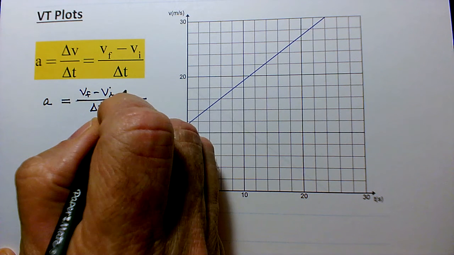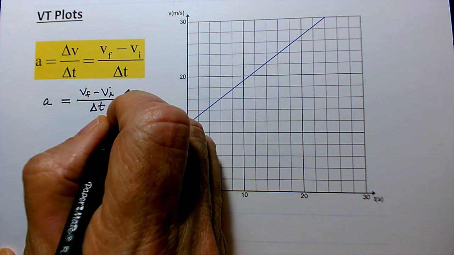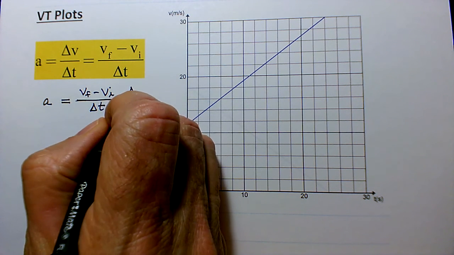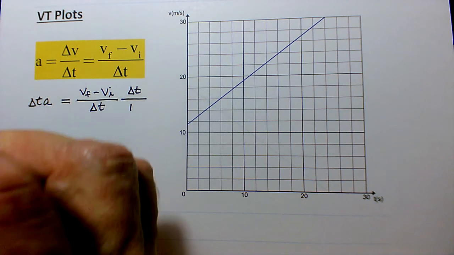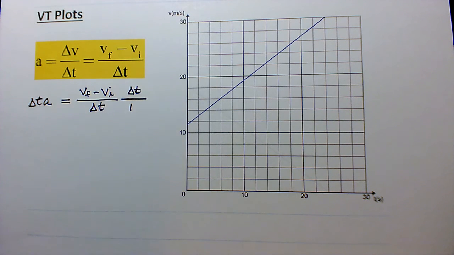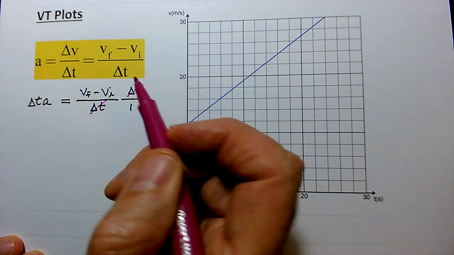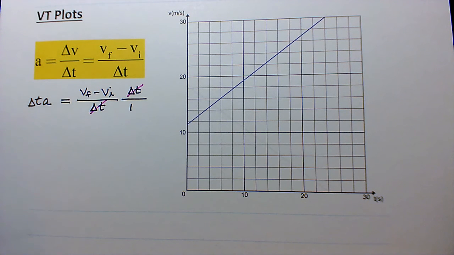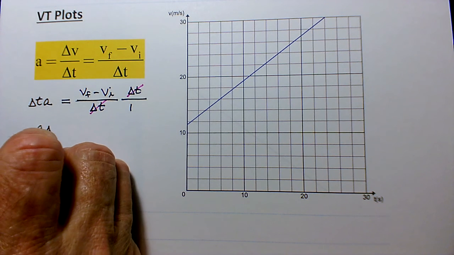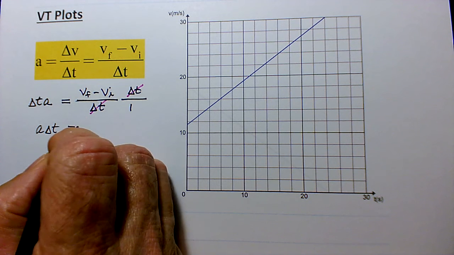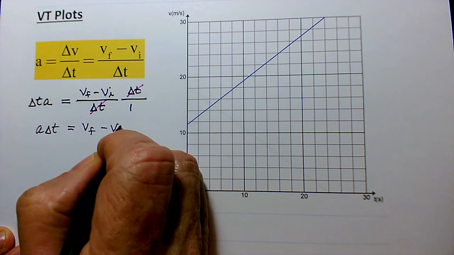First step, just like on a previous video concerning DT plots, is to multiply both sides by delta T. So the delta T cancels, and we end up with A delta T is equal to V final minus V initial.